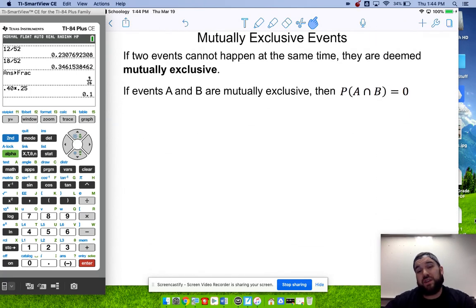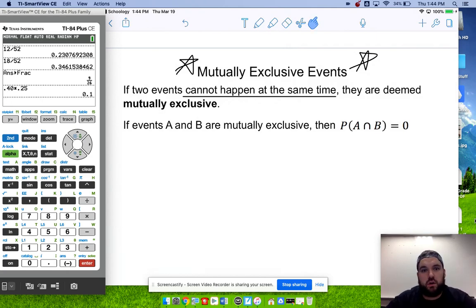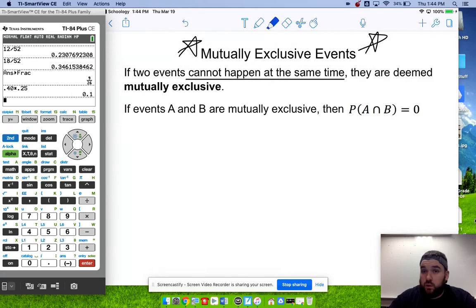Okay, mutually exclusive events. This is another new piece of vocabulary that's pretty important, just because this is a phrase you'll see quite a bit. Mutually exclusive events cannot happen simultaneously, meaning in the same event, they cannot both occur. Now, we'll look at a couple examples of mutually exclusive events.